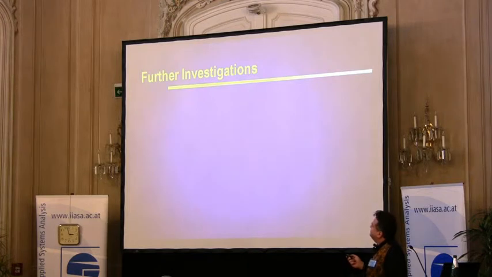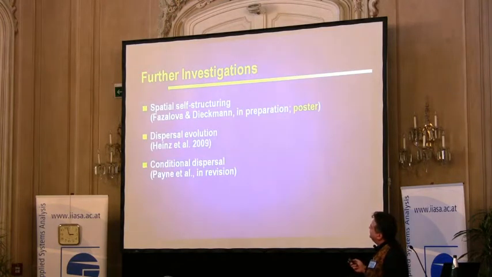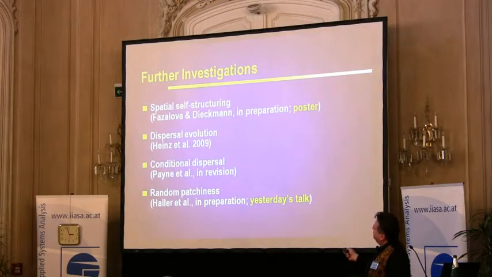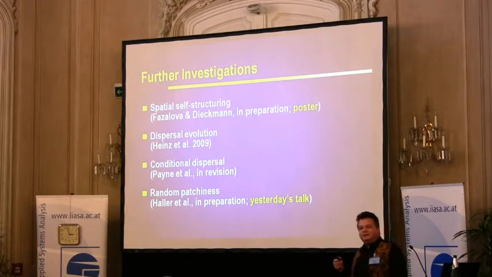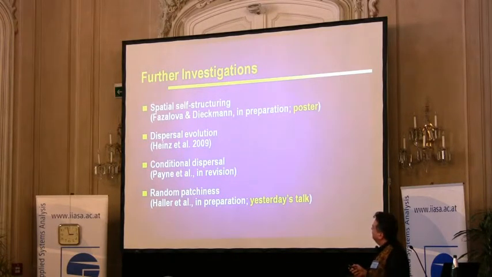Okay, I will briefly mention further investigations without spending too much time on this. We have looked at spatial self-structuring without gradients, and that can both help and hinder speciation. We have looked at dispersal evolution, and then you don't even need assortative mating because the evolution of philopatry gives you effective assortative mating locally, because individuals meet with local kin.